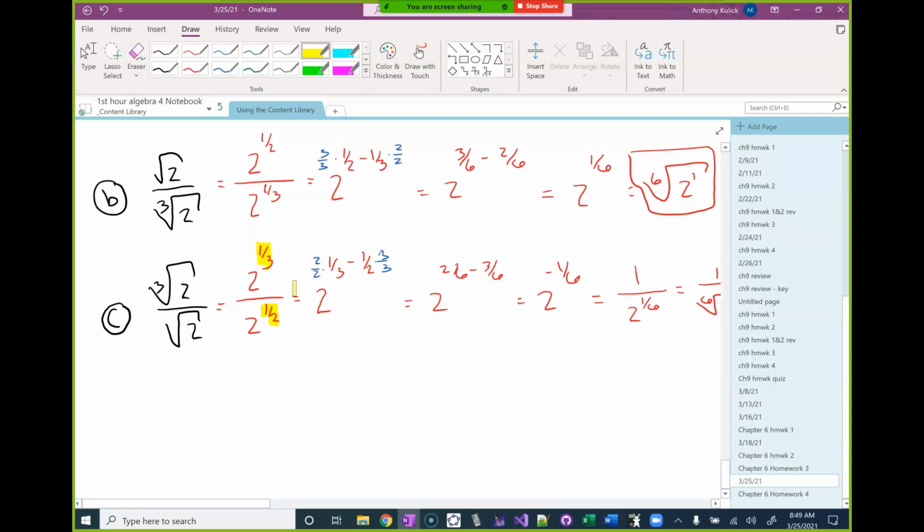Here's what I would do differently at this step. Instead of converting these into rational exponents and using that property 4, I'm just going to rationalize the denominator right now. So I'm going to multiply the top and bottom by square root 2.